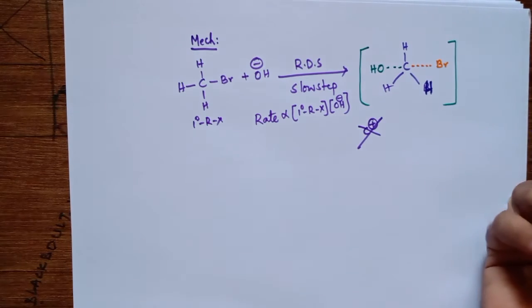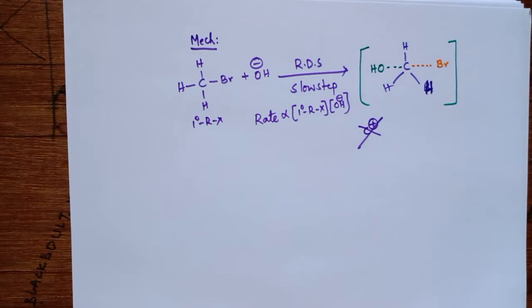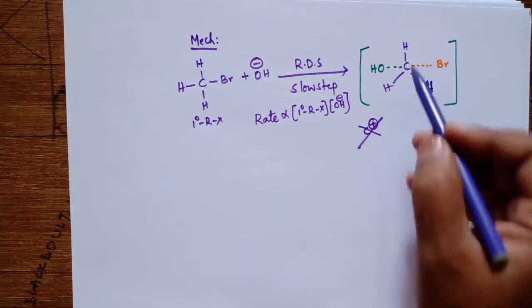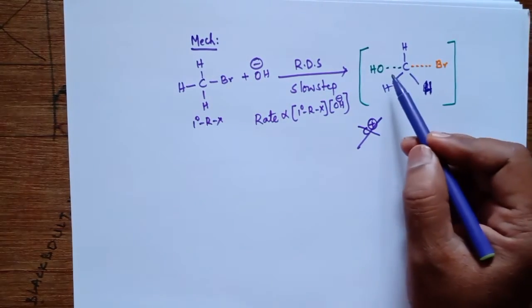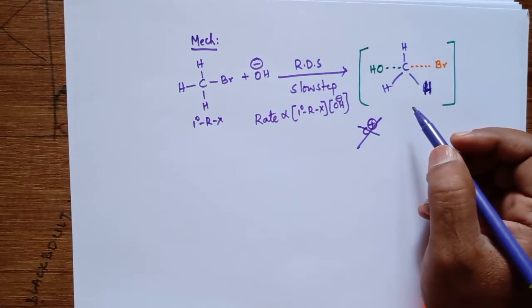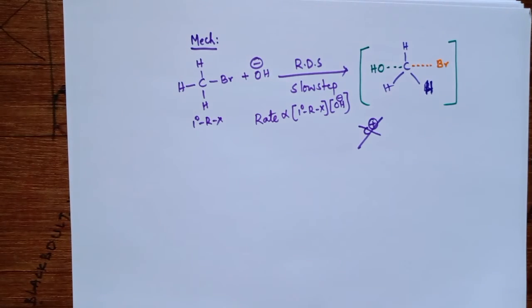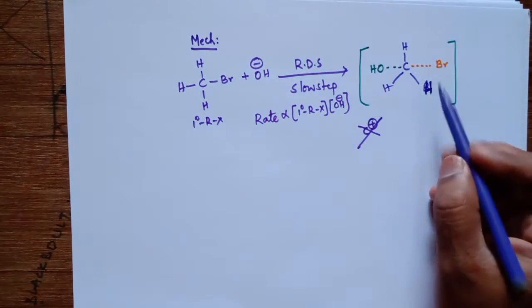So the question comes, why does SN1 not undergo this type of backside attack by OH minus? Because in SN1 the methyl groups are very bulky, that's why OH minus cannot enter from the backside of the molecule. That is the reason.